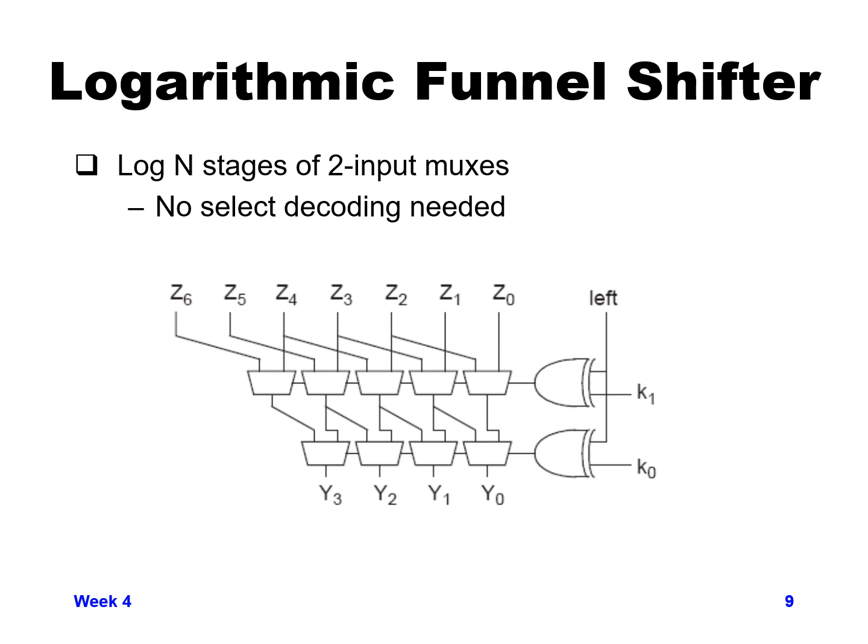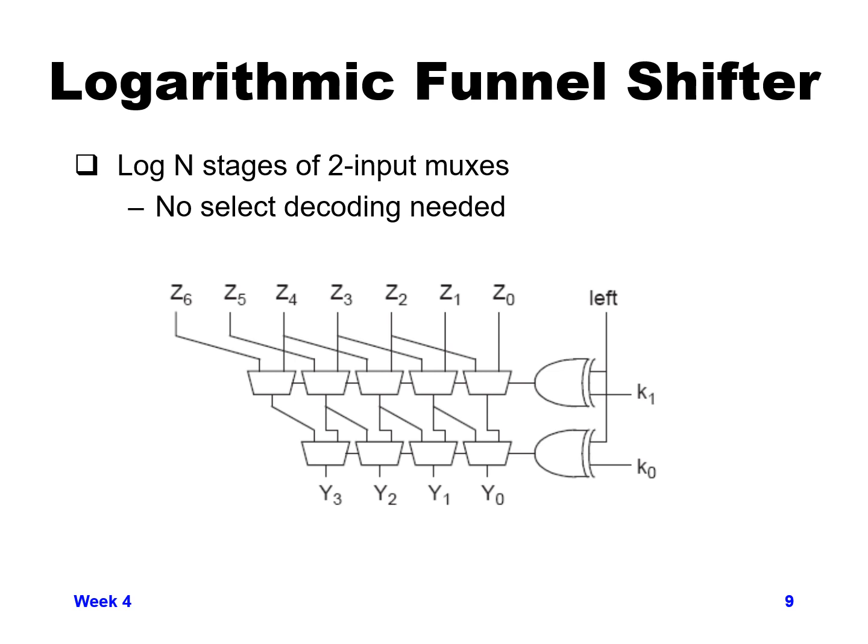This type of funnel shifter uses only log n number of stages of just 2-to-1 input muxes. And in addition to that, we don't actually need to decode the selects. So in the previous design, the select was K1 and K0, for example, and we had to decode those into S0, 1, 2, and 3 before we went into the rest of the function. In this one, you can see the way the hookup is being done.